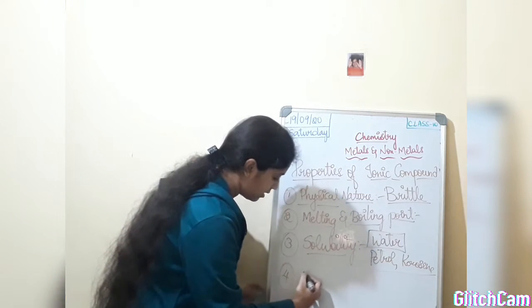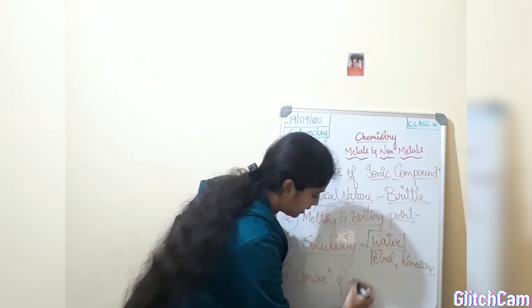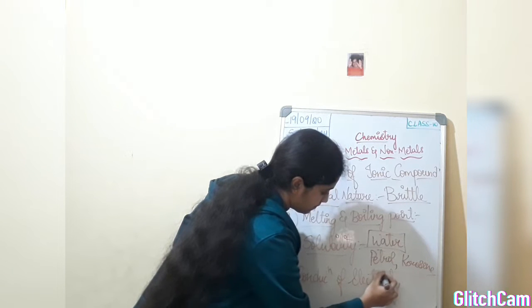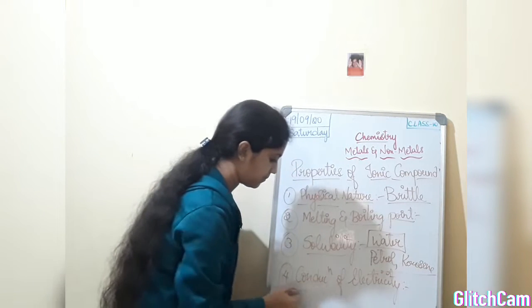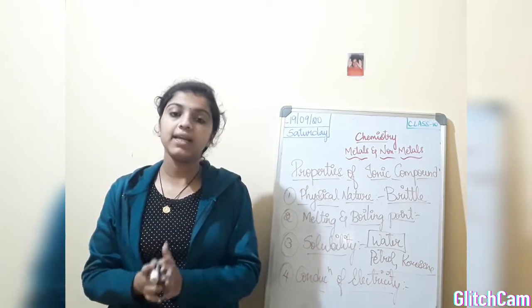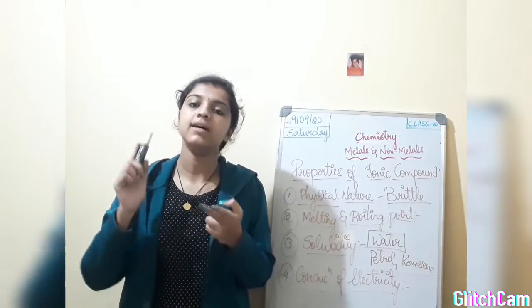Next, conduction of electricity. Ionic compounds conduct electricity in their molten state but not in any of the three states of solids, liquids or gases.